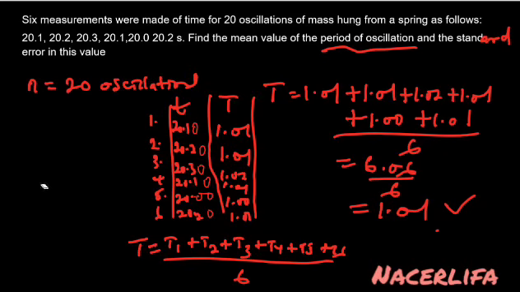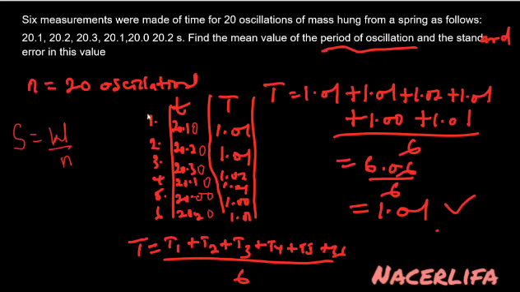To find the standard error in this measurement, we use this formula: x equals w upon n, where n is the number of measurements and w is the range of the values. In this case, it will be the range of the period, because the question says find the mean value of the period and the standard error in this value. So how do we go about that? This was possible because our n is 6.